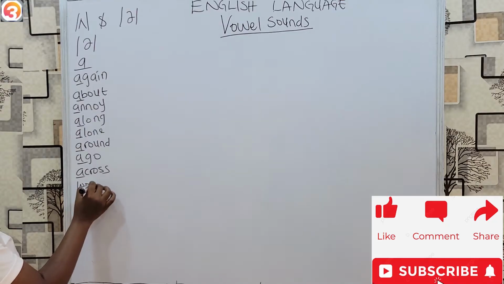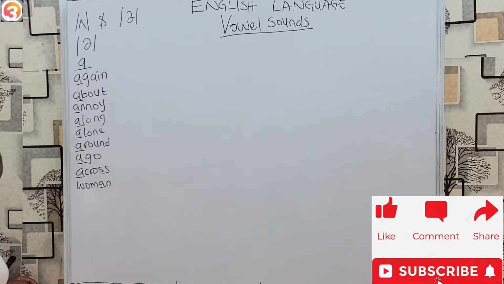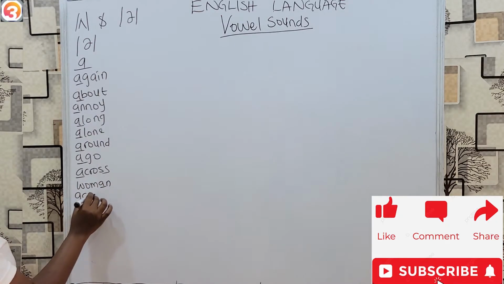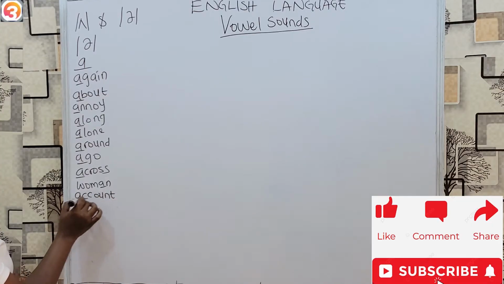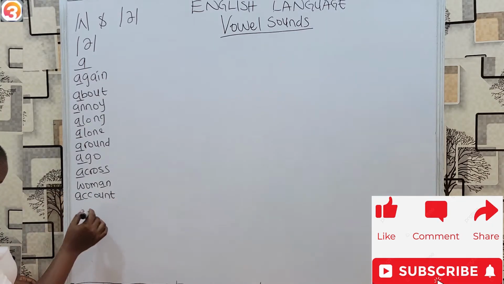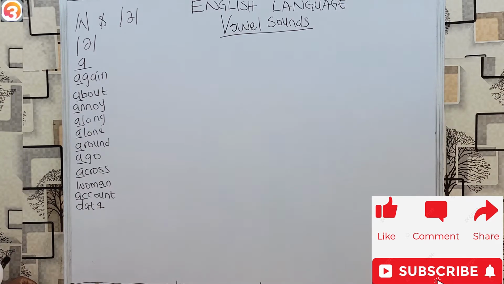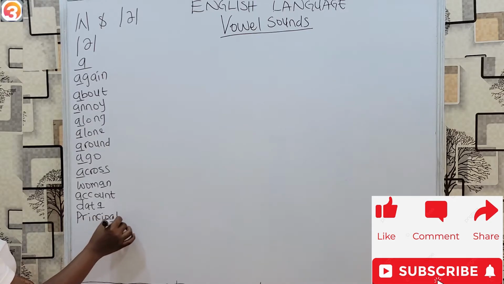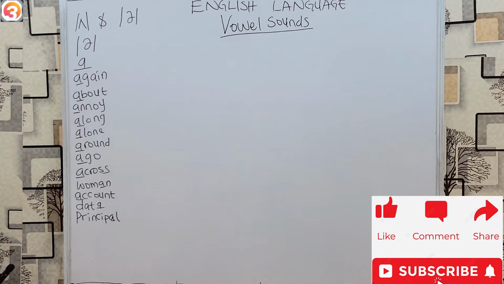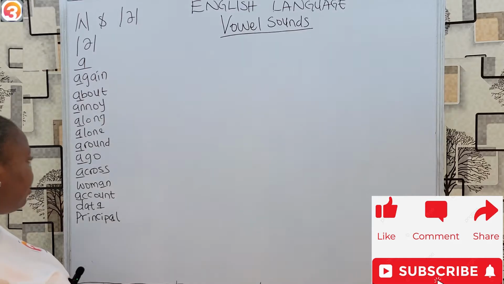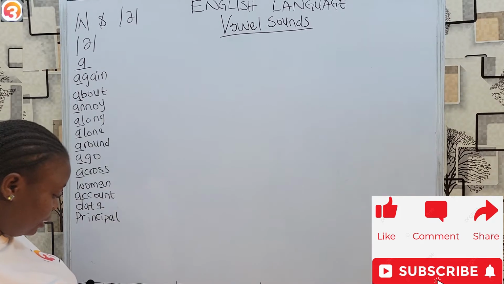We have woman, the A there, account, most words with A beginning them, dated, the A at the end, principle. The A there contains this weak sound, a weak uh sound.